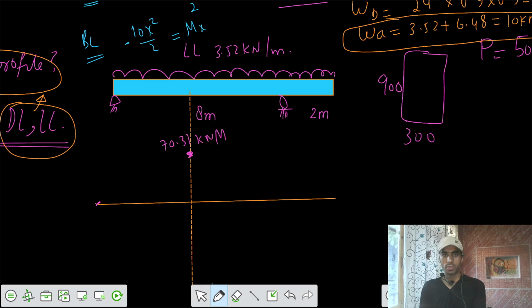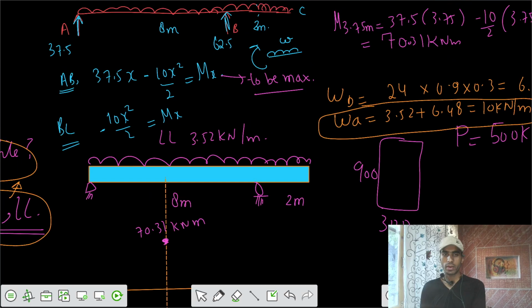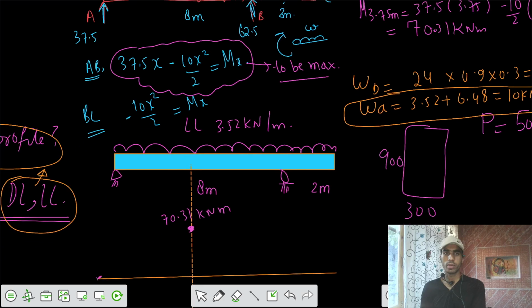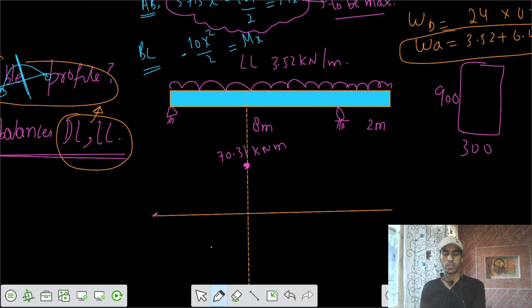Tell me, what is the variation of the moment? Is it parabolic based on the equation? I think this is a parabolic variation of x. So the moment diagram would be some sort of parabola, and here we have the simple support, so the moment is 0 here.